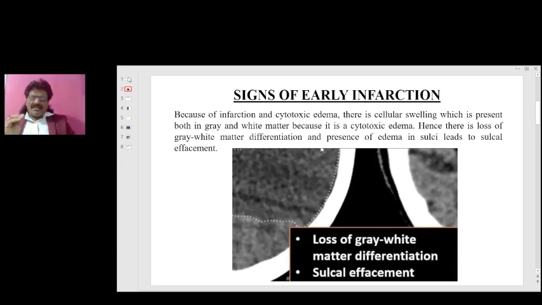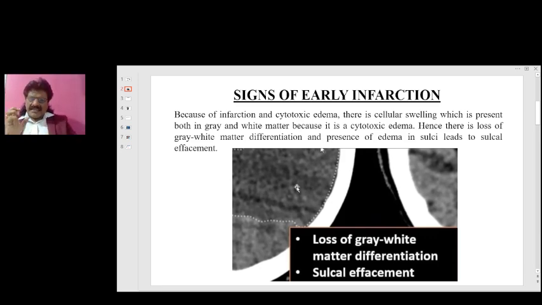The important signs of early infarction are loss of gray-white matter differentiation and sulcal effacement. We know that the outer part is the gray matter and the inner part is the white matter where we have the tracts running. They have different Hounsfield units, HU, so they have different densities.